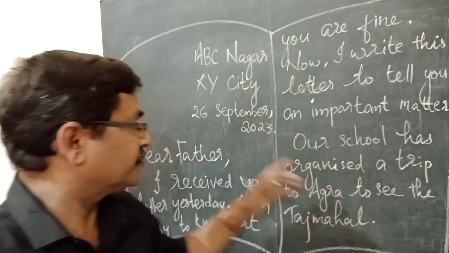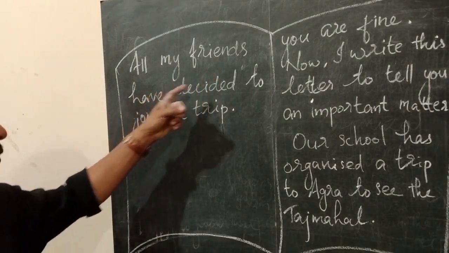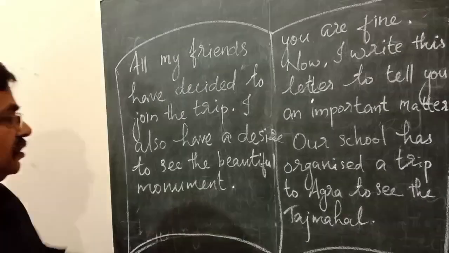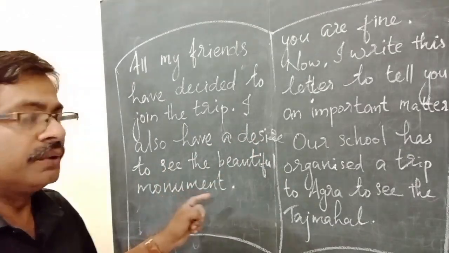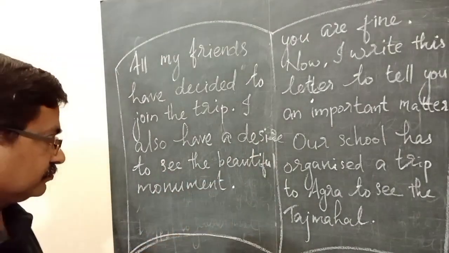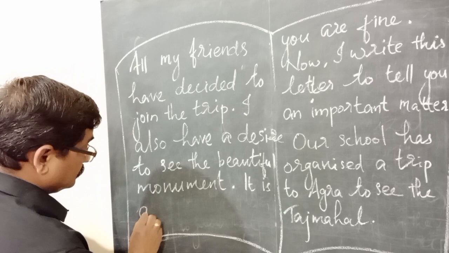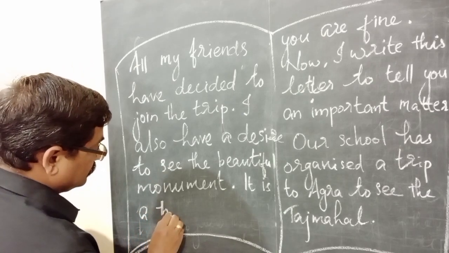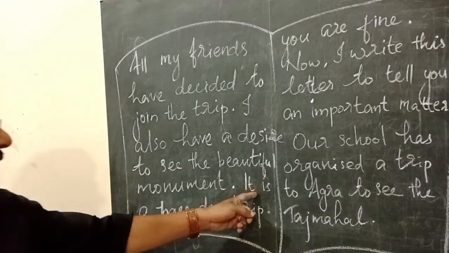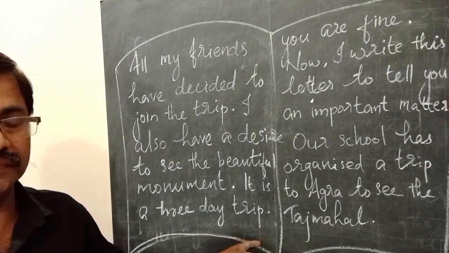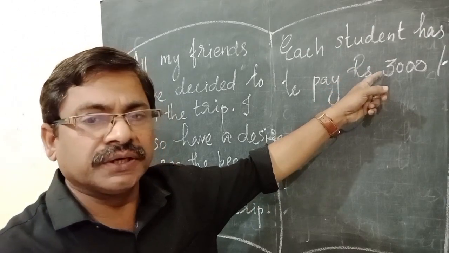As the space is not sufficient, I am going to write here in this line. All my friends have decided to join the trip. I also have a desire to see the beautiful monument. It is a 3-day trip. Each student has to pay 3000 rupees.